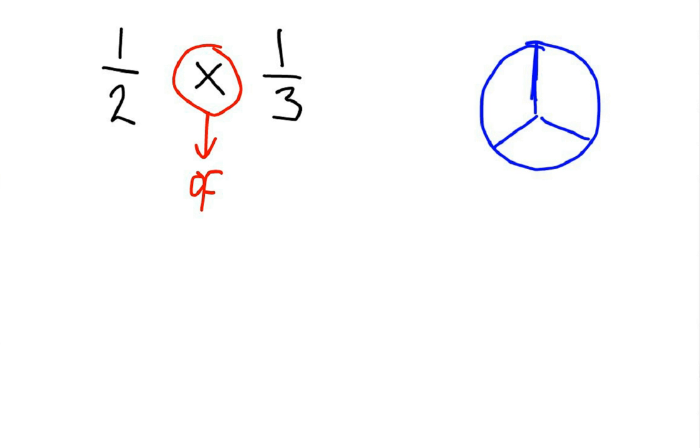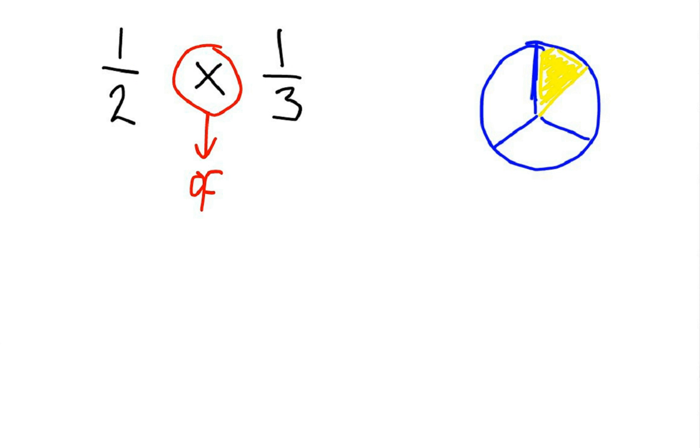So I'm going to split one of my thirds up and cut it in half. So we're actually looking to find what this bit here is that I've just shaded in.